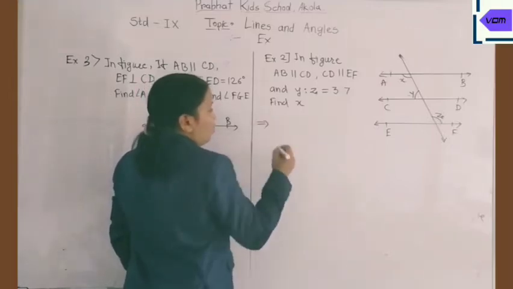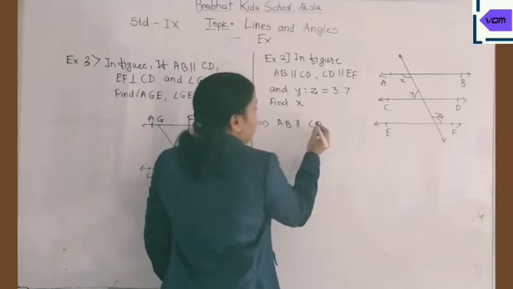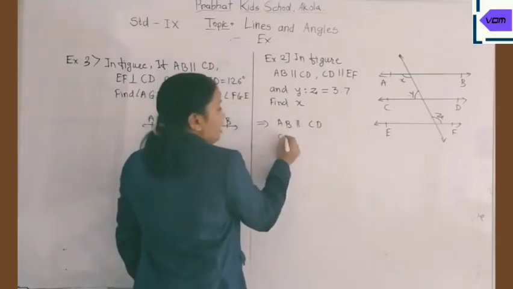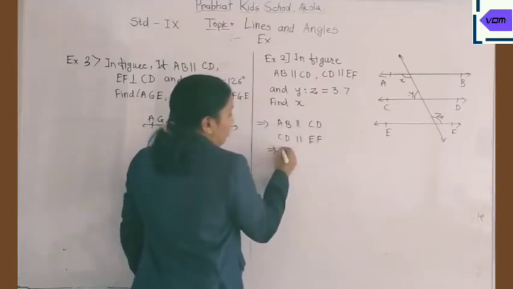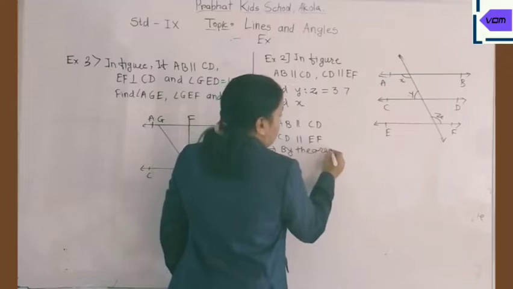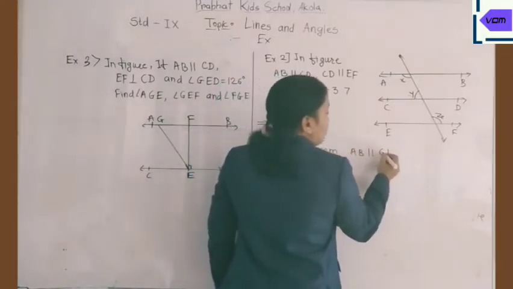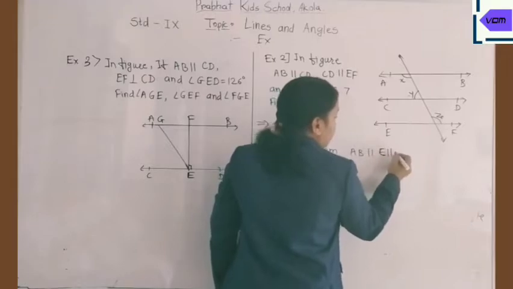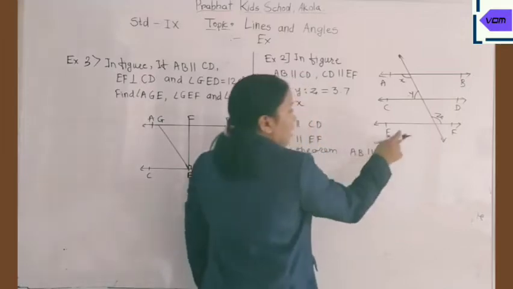Now for the solution. Given that AB is parallel to CD and CD is parallel to EF, by the theorem that we have seen, AB is parallel to EF.